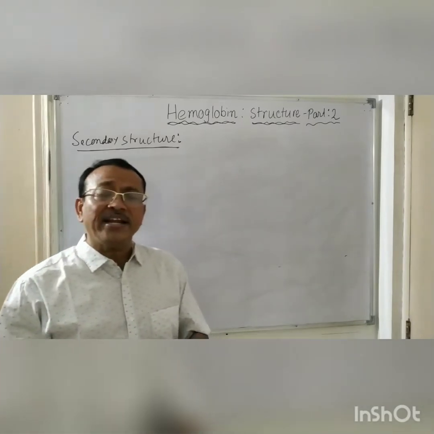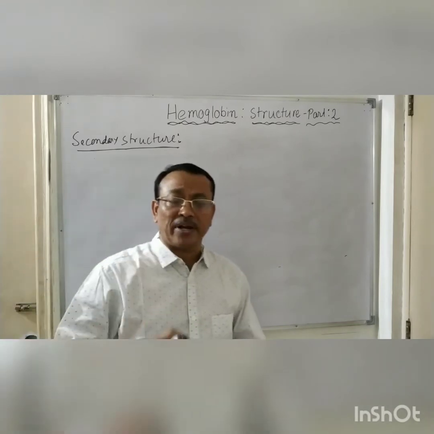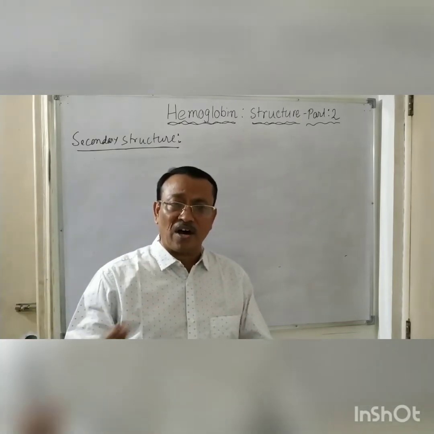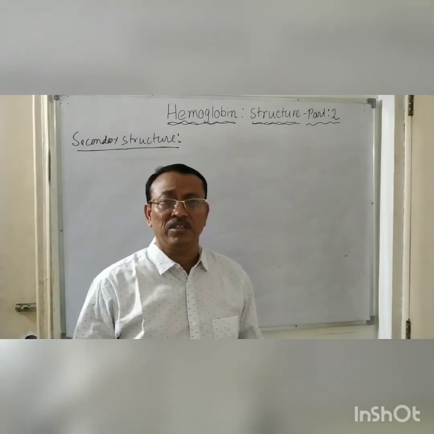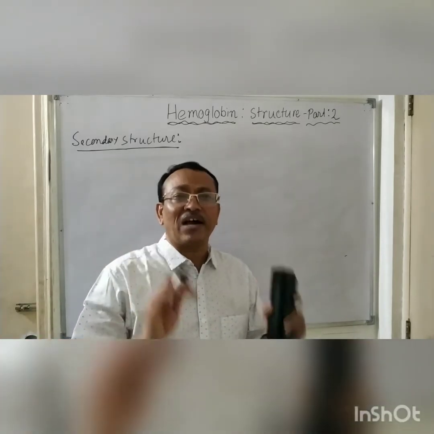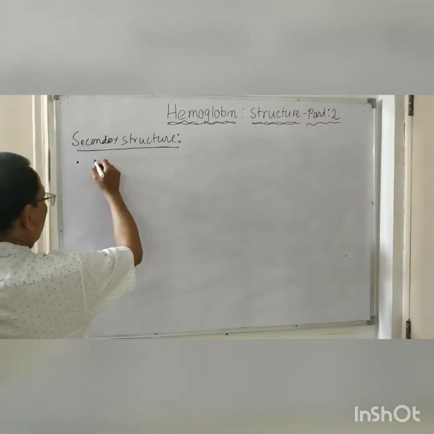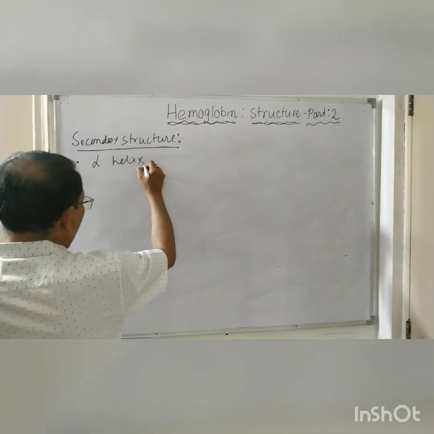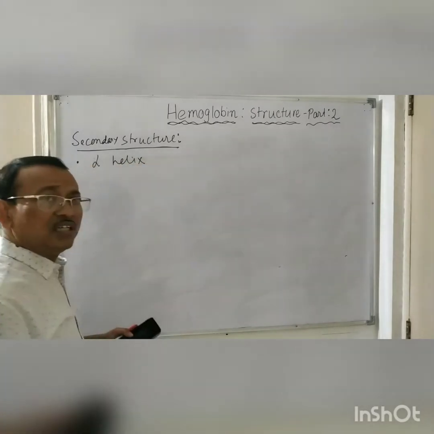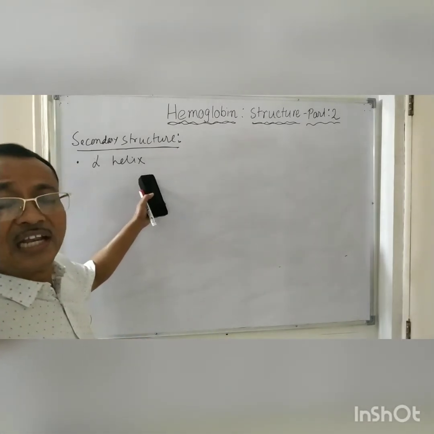As per the secondary structure, each of the polypeptide chains of hemoglobin, alpha or beta, delta or gamma, whatever it can be, is alpha helical. So as per the secondary structures of the globin molecule, it is alpha helix. Each and every polypeptide chain is alpha helical.